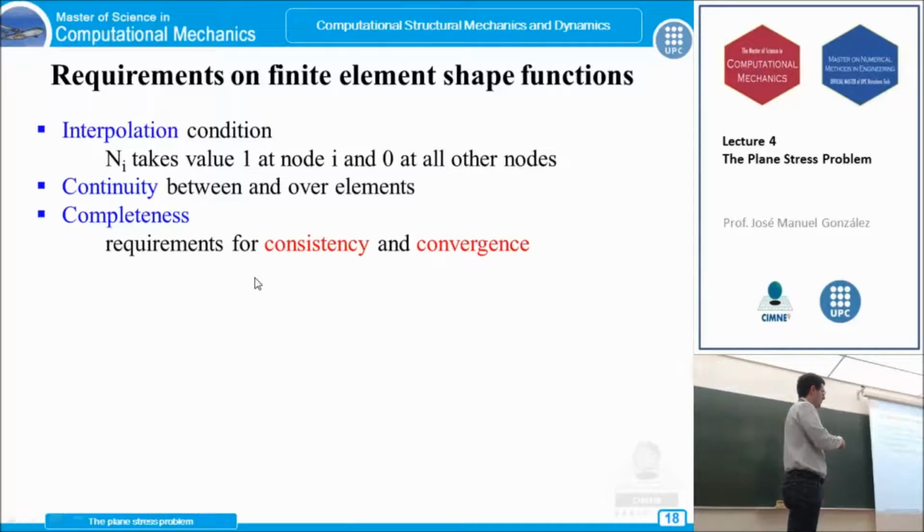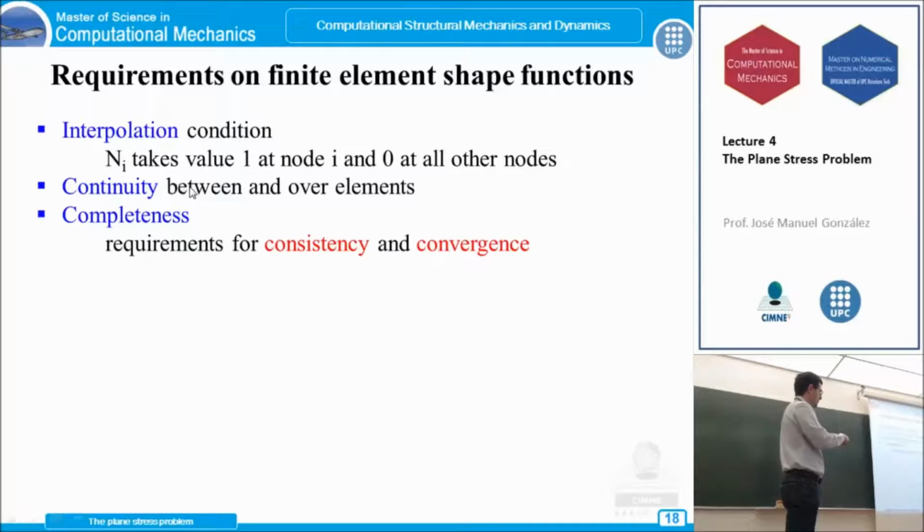Later we're going to talk a bit more about these conditions, but for now we can advance that they include the interpolation condition, which means that every shape function must take a value 1 at its node, remembering that any shape function corresponds to one node, and 0 at all of the other nodes of the element. This is the first condition.